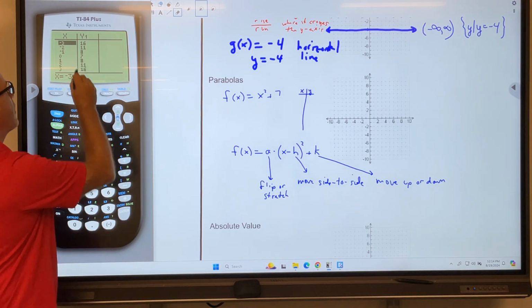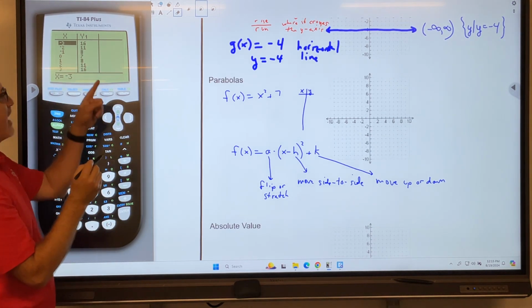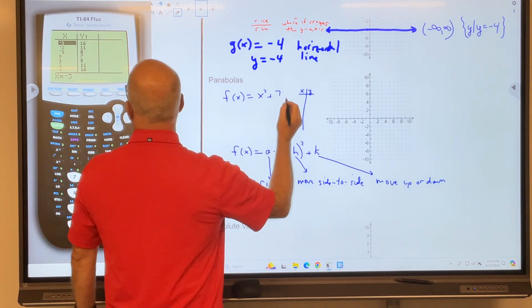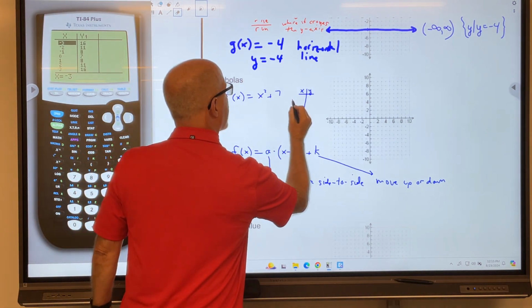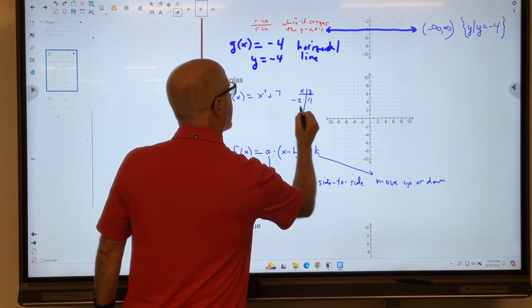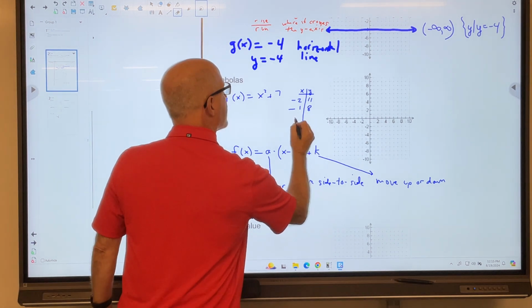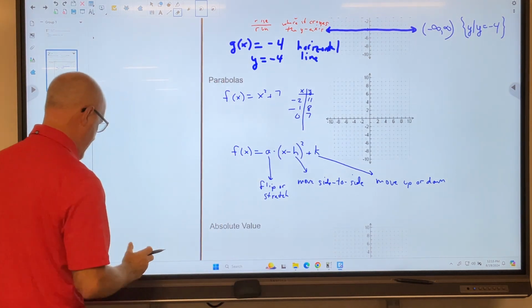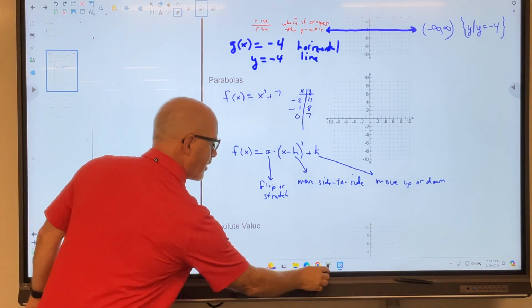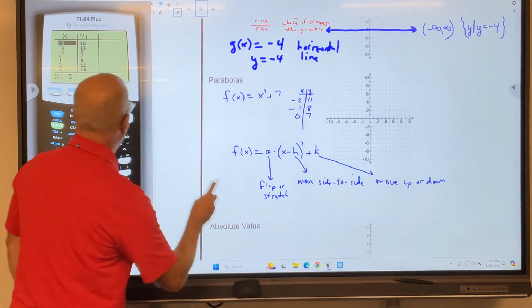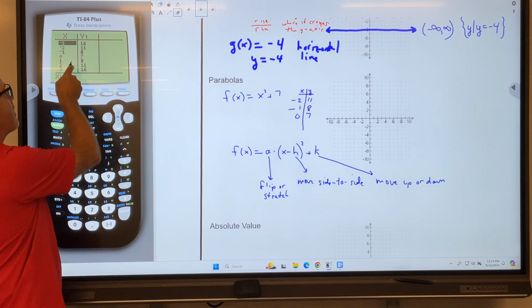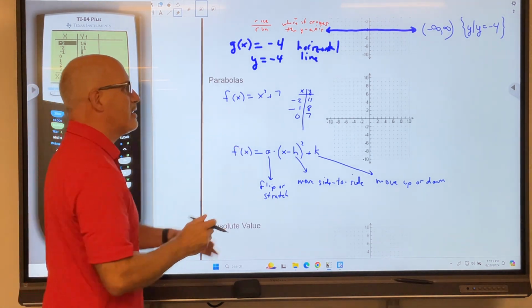Notice I've got several values. I've got -1 goes with 8, -2 with 11, 0 goes with 7, and then notice it repeats. The interesting thing about parabolas is that at 1 it's going to be 8 and at 2 it's 11, so it repeats values.